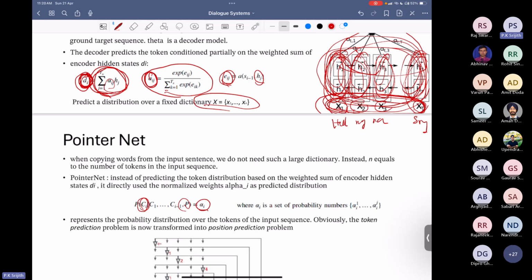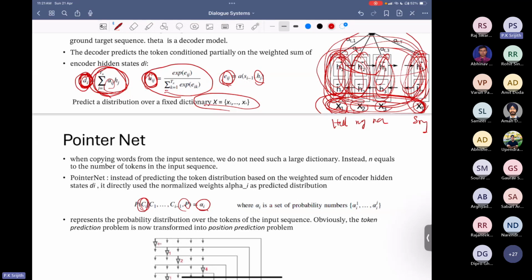If you look at alpha ij, the attention weights, you are computing them as a probability distribution over the hidden representations associated with the input. So alpha I as a vector is over all the different words in the input. If there are 10 words in the input, it's a probability distribution only over those 10 words. If there are 5 words, only over those 5 words.